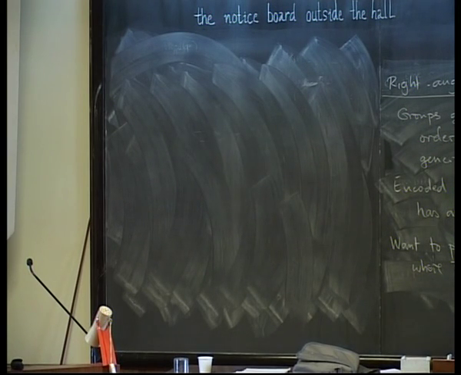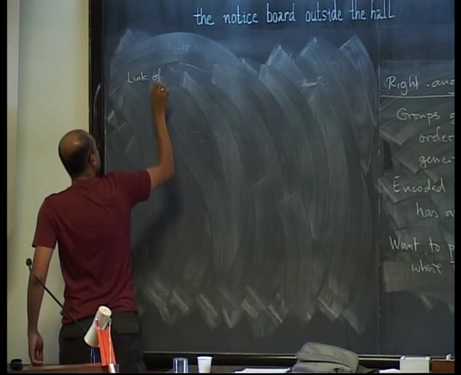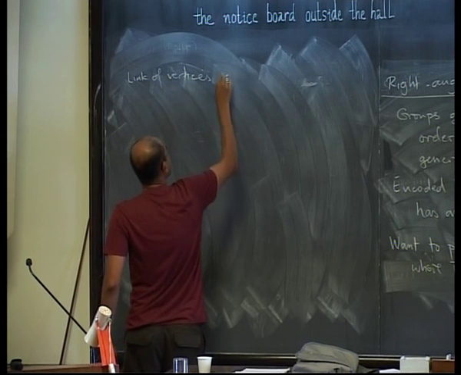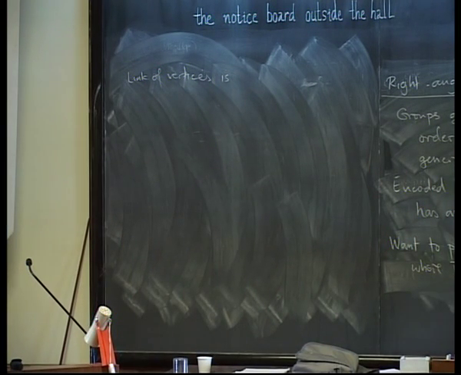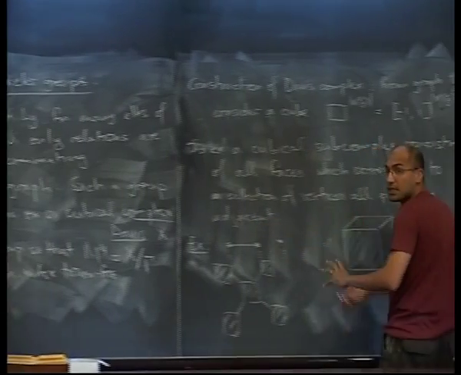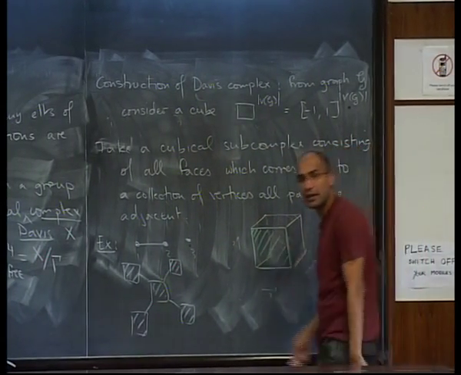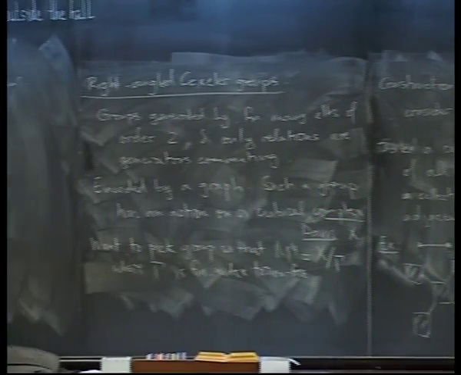So the link of vertices is the simplicial complex you get by filling in all simplices inside your graph. So anytime you see n plus 1 vertices that are all adjacent to each other, you glue in a face, an n-simplex. Okay.